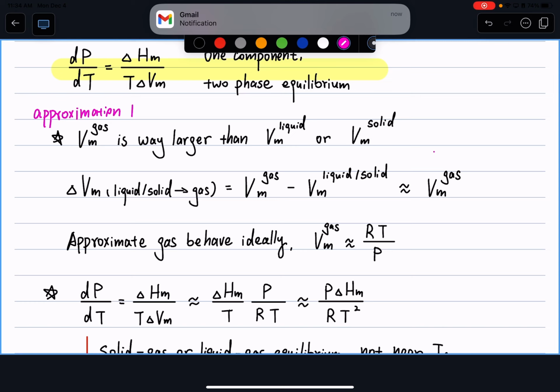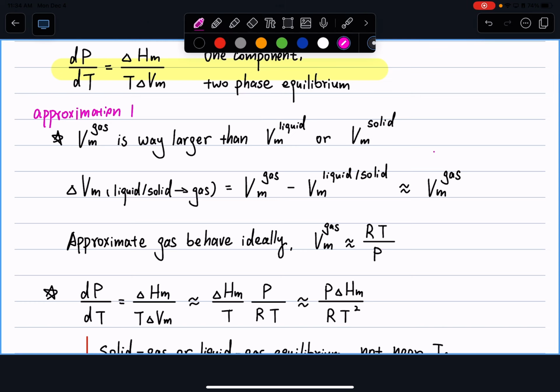So beyond the critical point, or even close to the critical point, where your gas and liquid are behaving similarly to each other, this approximation doesn't hold. And also the second approximation is that we approximate gases to behave ideally. So both approximations 1 and 2 will fail when we approach the critical point where your gas becomes more dense, more like a liquid. So know these approximations and know that if we're approaching the critical point, we shouldn't be using these kinds of calculations.